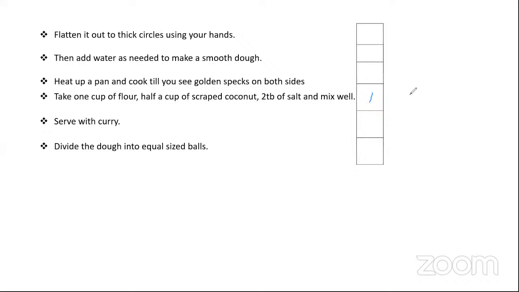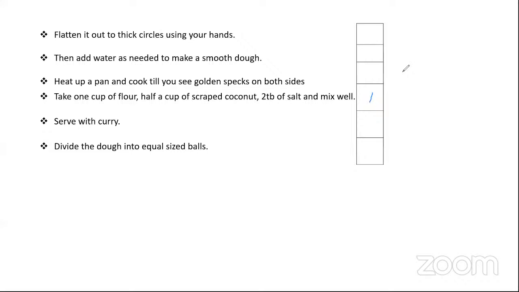Now let's move to the second answer. Number 2, just remember how to make a roti. How does your mother make a roti? When you are at home, your mother maybe makes roti for your breakfast. So just try to remember how she makes a roti.